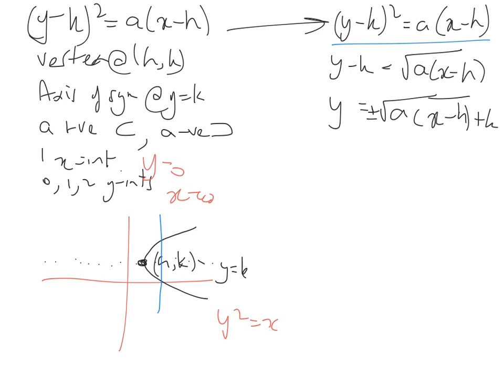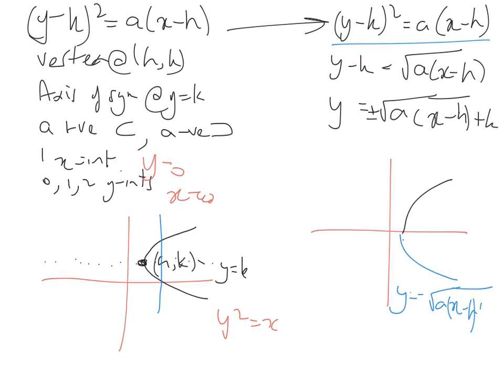So as a result, we'd have two functions, one there and one, I'll do it in blue, there. This is y equals negative square root of a times x minus h, plus k, and this one is y equals the square root of a times x minus h, plus k.